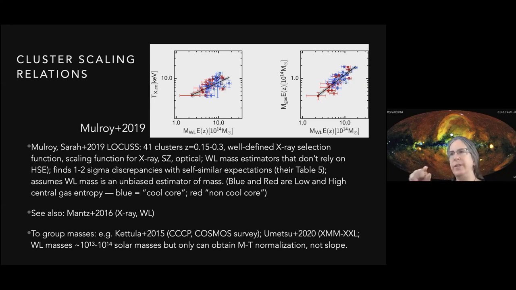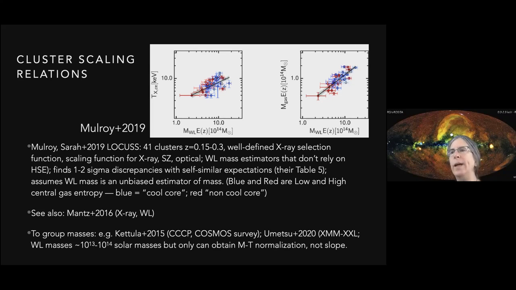You see this E of z, that's just the dependence of the Hubble parameter on redshift, where you would write the Hubble parameter H of z equal to H naught times E of z. So that takes out any scaling that's simply owing to the different values of the critical density at the redshift of the cluster.